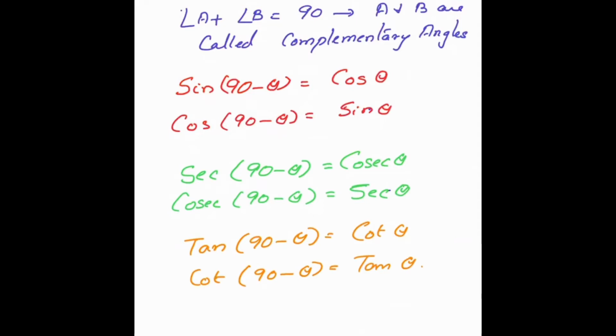Similarly, secant 90 minus theta will become cosecant theta, and cosecant 90 minus theta will become secant theta. And similarly with tan and cot. We'll be doing some problems related to these complementary angles also in the upcoming videos.